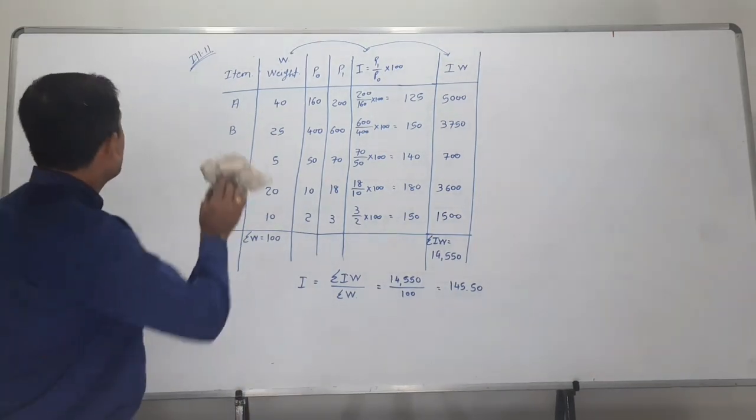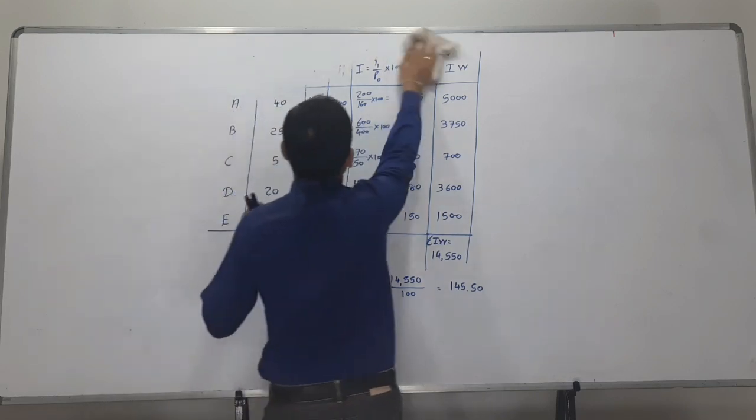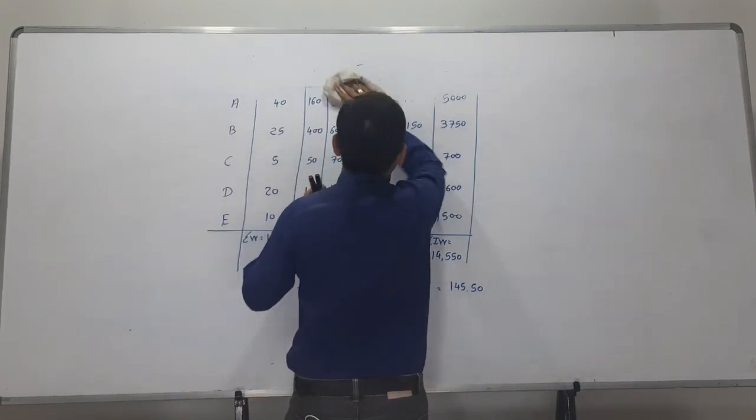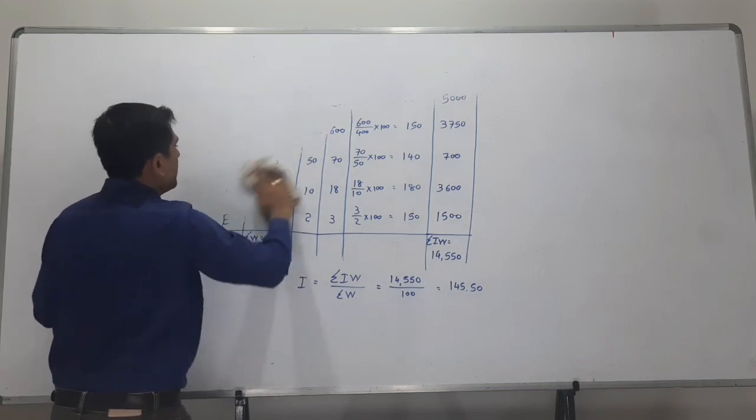Now the method number 7. We'll continue with the next method, that is method number 7.